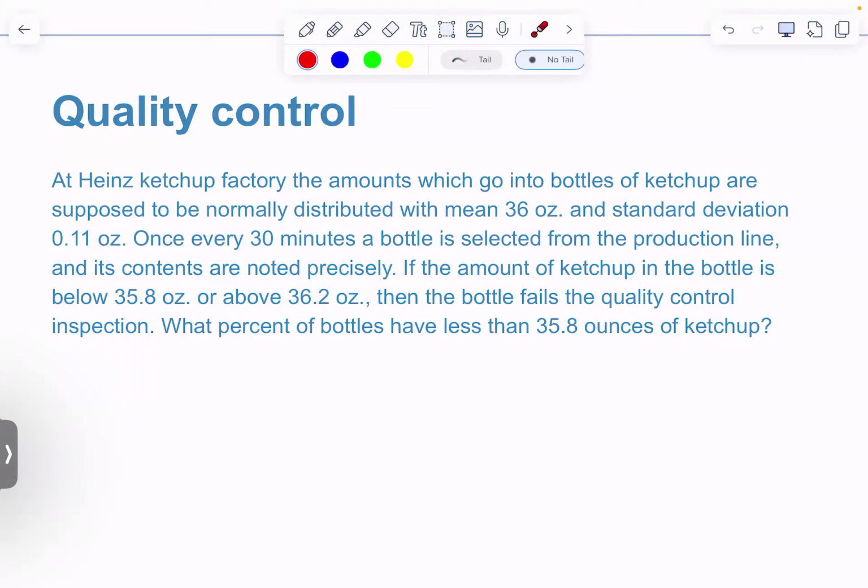So at French's Ketchup Factory, doesn't matter, the amounts which go into bottles of ketchup are supposed to be normally distributed with a mean of 36 ounces and a standard deviation of 0.11 ounces. If you're in the store standing in front of all these ketchup bottles, you understand that the amount listed on the label is not exactly the amount.